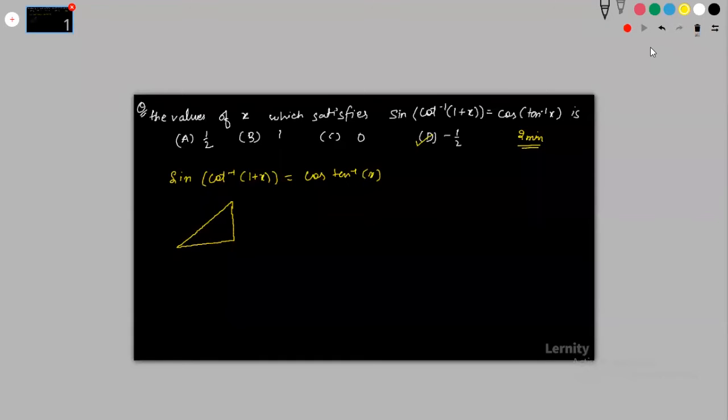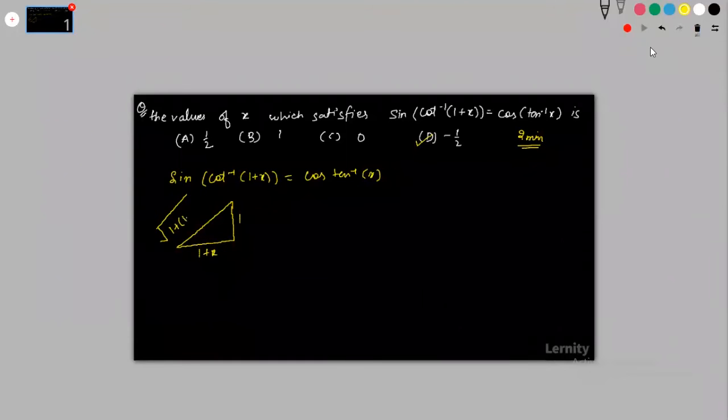For this one, cot inverse, so base is 1 plus x and height is 1. Okay, so the hypotenuse I will get as the root of (1 plus x) whole square plus 1. So this is the hypotenuse.